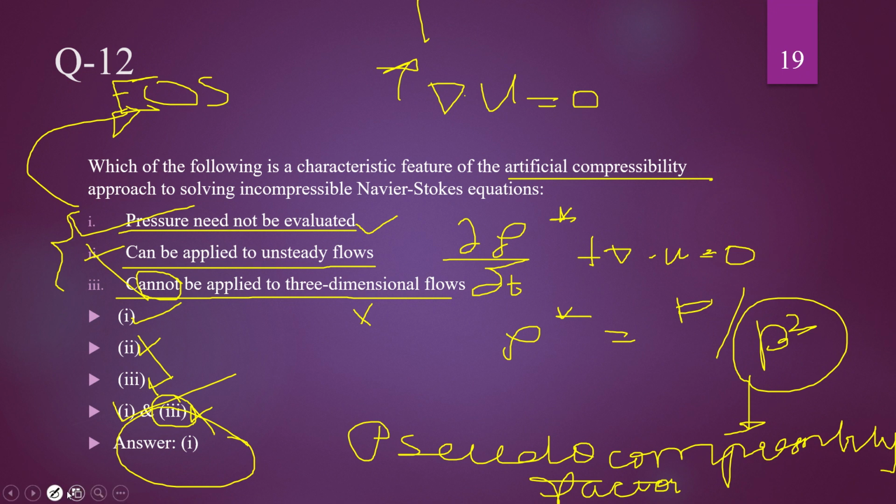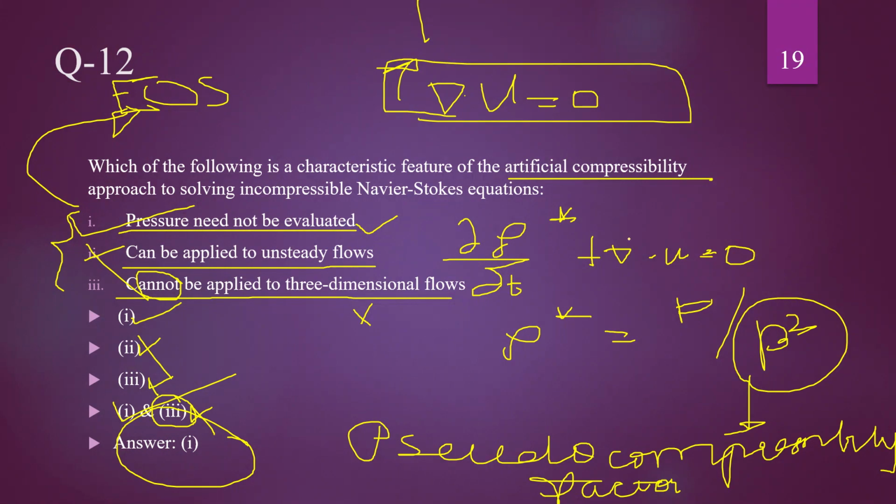So the thing is, the artificial compressibility method is used to solve incompressible fluid flow. This is an extension of the compressible fluid flow method. The continuity equation in incompressible fluid flow is given by del dot u is equal to 0, where we introduce an additional term like ∂rho star/∂t plus del dot u is equal to 0 in the governing equation to make it solvable similar to the compressible flow method.